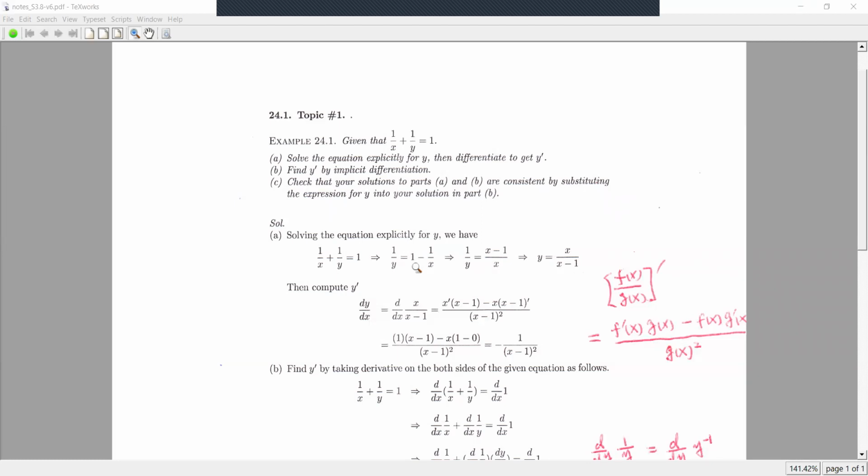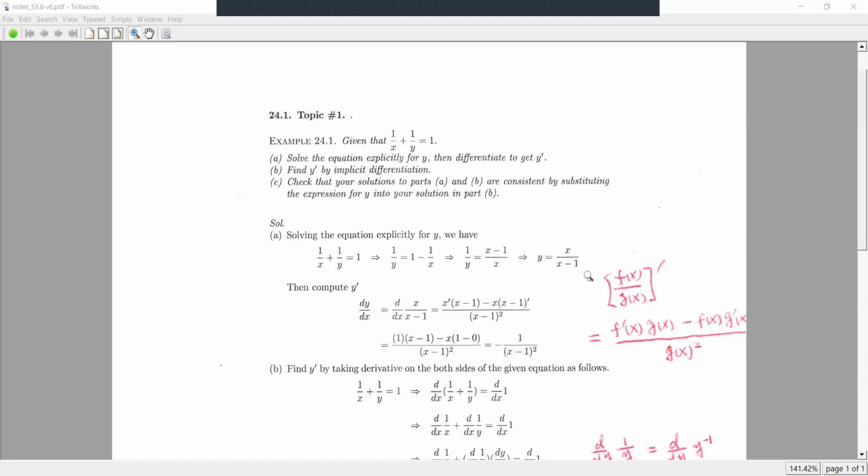Consider 1 as x over x. Then combine 1 and 1 over x. We have this equation. Now, 1 over y is x minus 1 over x. Therefore, y is x over x minus 1.